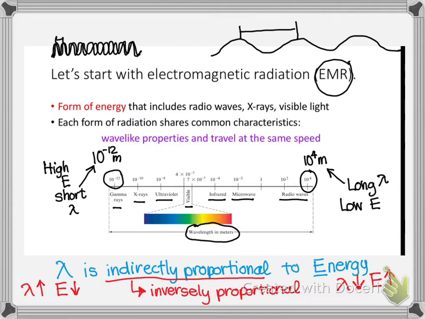So let's look at the visible light, because this is what we're going to use for our electrons. Visible light is a form of electromagnetic radiation, and we're looking right in here. Here are the wavelengths. We have red, orange, yellow, green, blue, indigo, and violet.